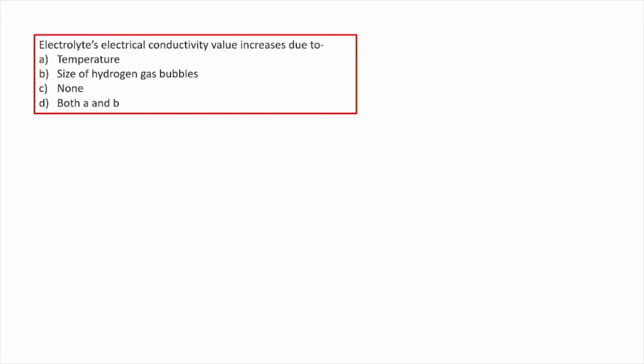Okay, another question: the electrolyte's electrical conductivity value increases due to temperature, size of hydrogen gas bubbles, or none.